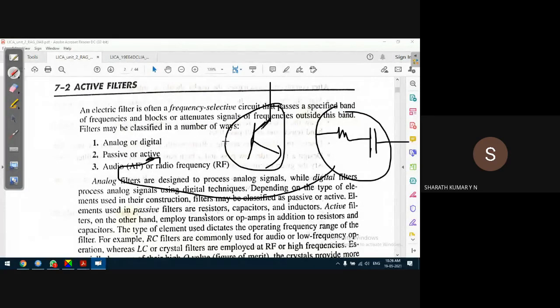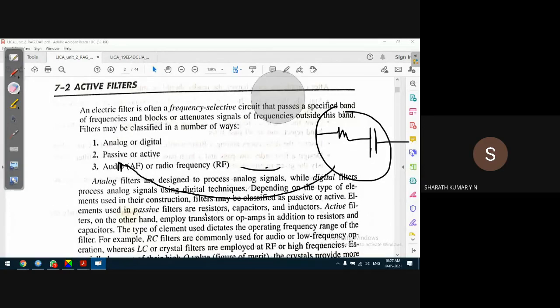Sorry, the arrow marks are showing the wrong components. Resistor and capacitor make a passive filter, and if semiconductor devices are used in the filter, then it is called an active filter.